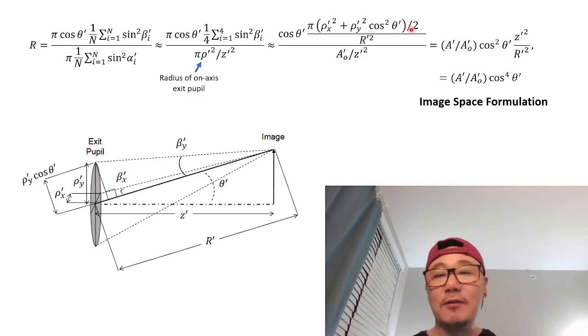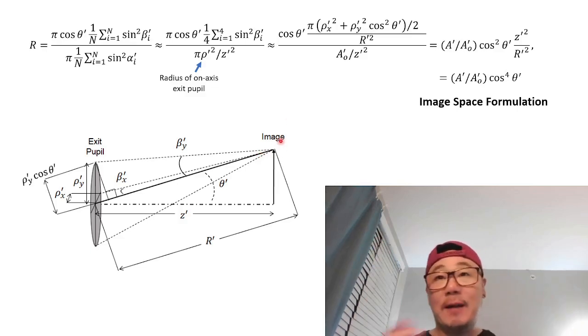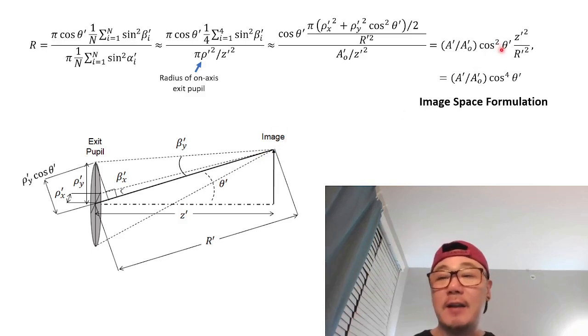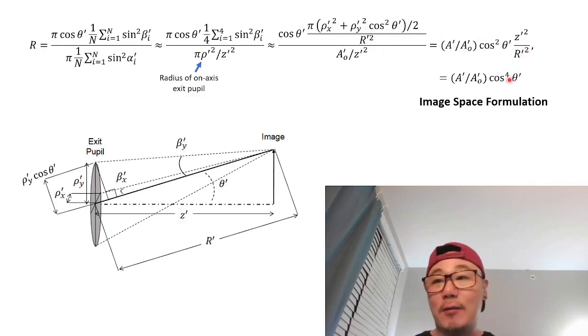So some kind of area, and this area is orthogonal to this line here, so it's a projected area from the image plane times cosine theta prime. You times cosine theta prime twice, you get a cosine squared theta prime here, and then a prime is just an area associated with that plane. And then you've got z prime and r prime, so that ratio is cosine theta prime squared times cosine squared theta prime, so you get cosine to the fourth of theta prime.